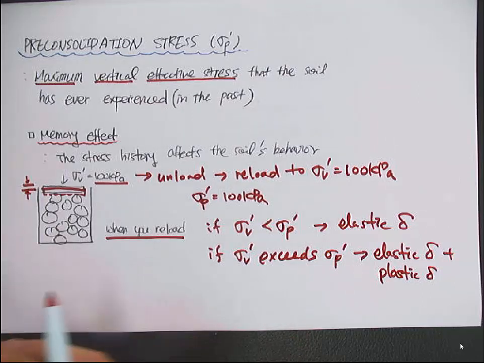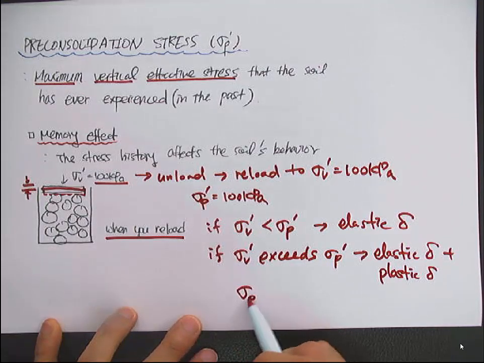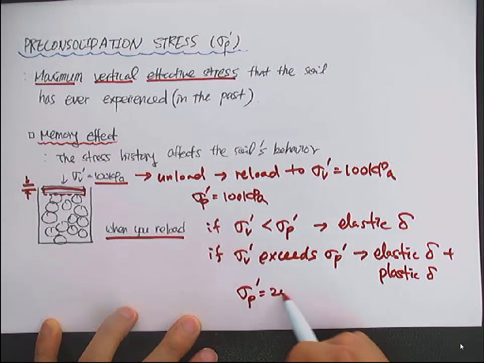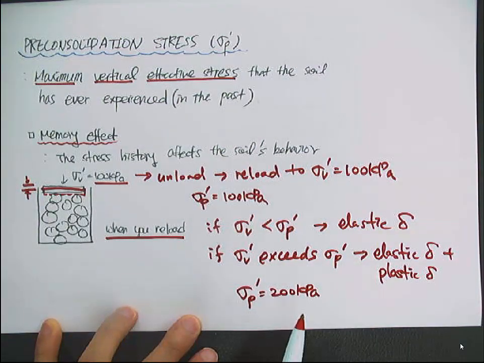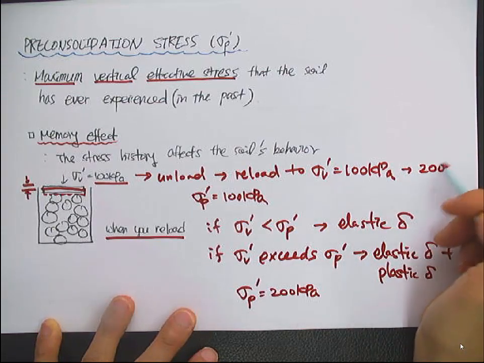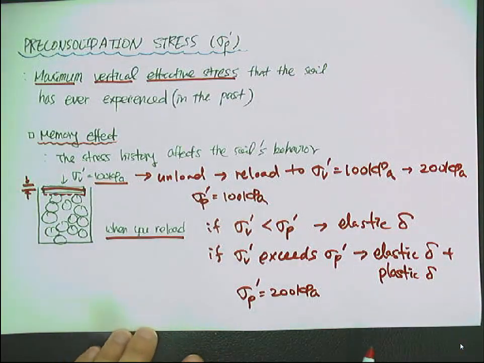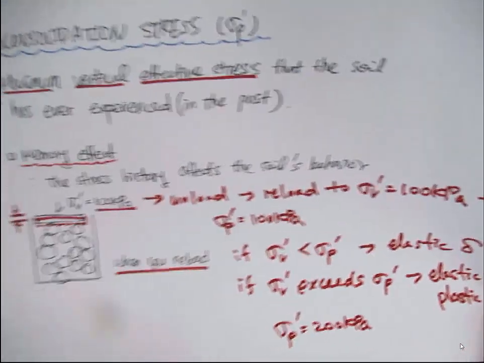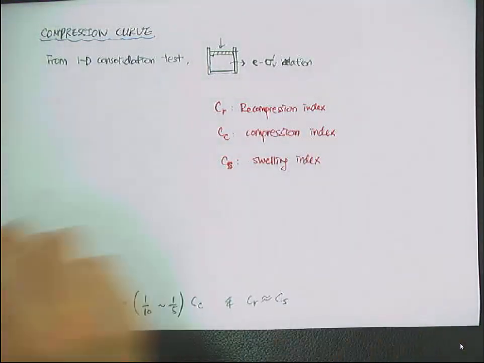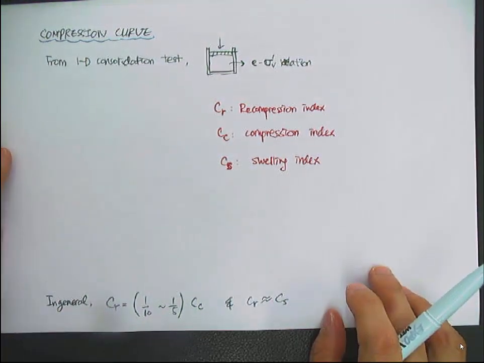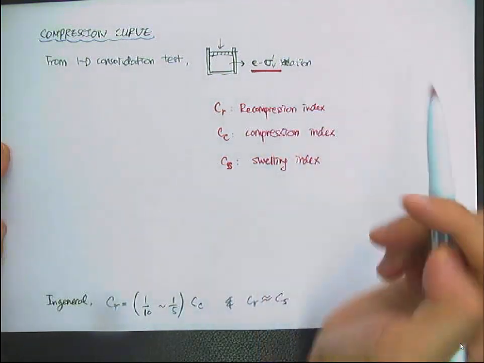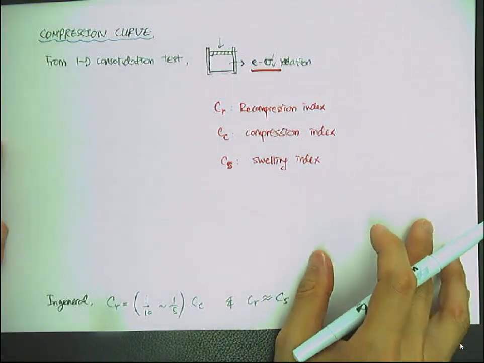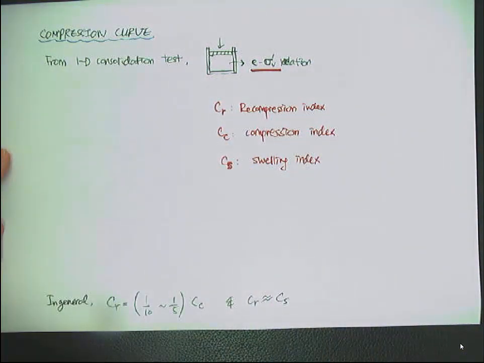And once the settlement has occurred, the pre-consolidation stress, the maximum vertical effective stress, becomes 200 kilopascals. Okay? Then we can think about the compression curve, the void ratio versus sigma v prime curve, from the one-dimensional consolidation test.